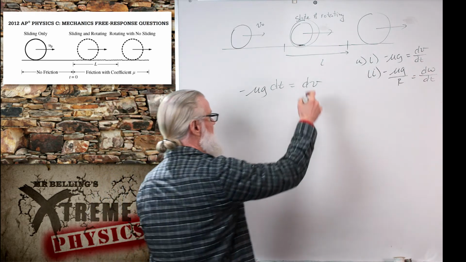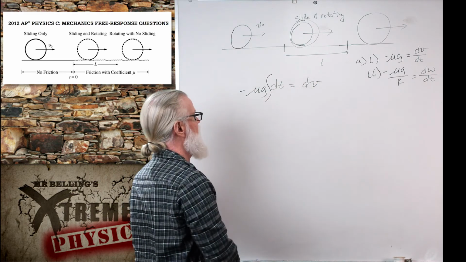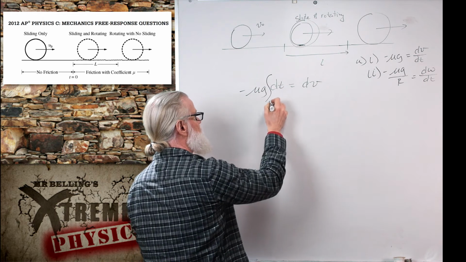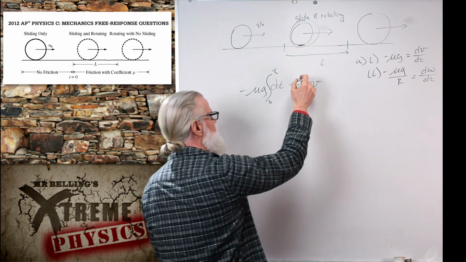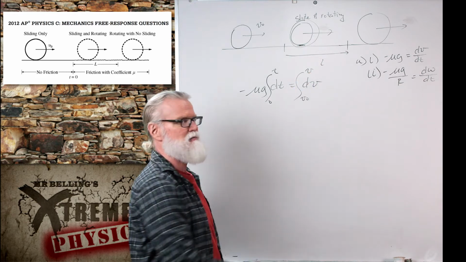I'm going to integrate both sides. This is a constant, so I'll keep that on the outside. t goes from 0 to t, and v goes from v0 to whatever velocity it is at time t.